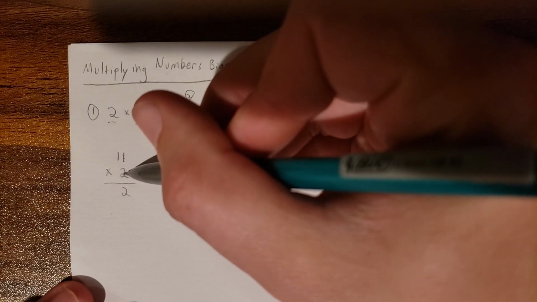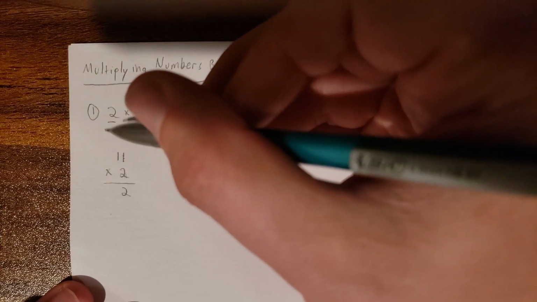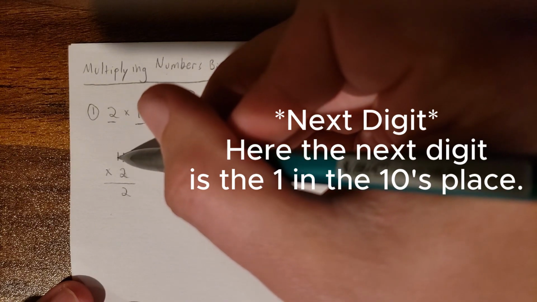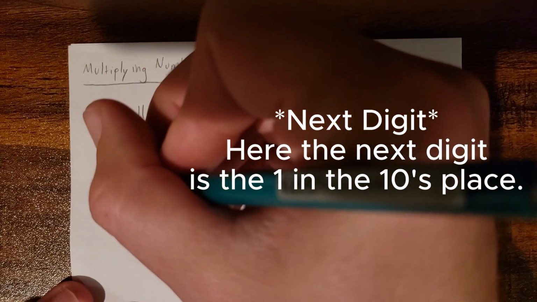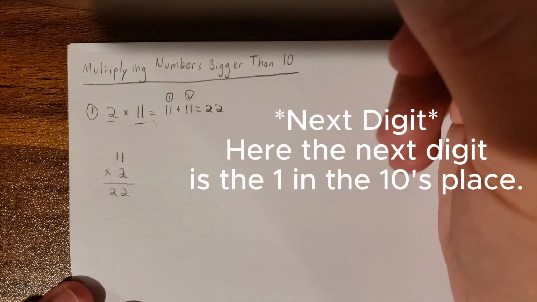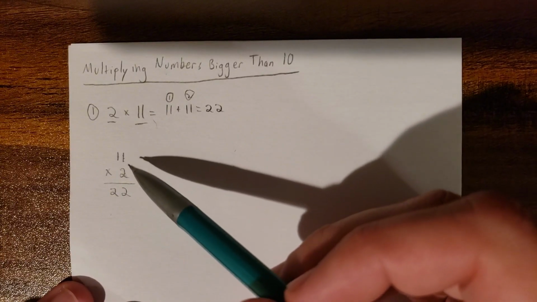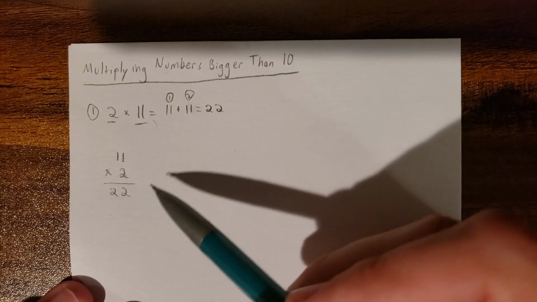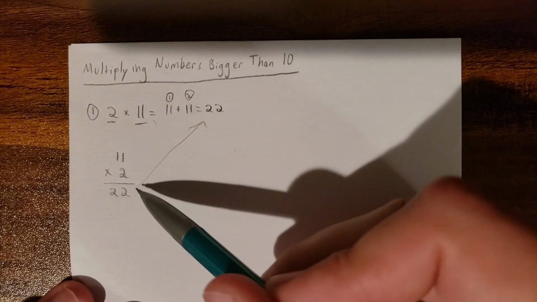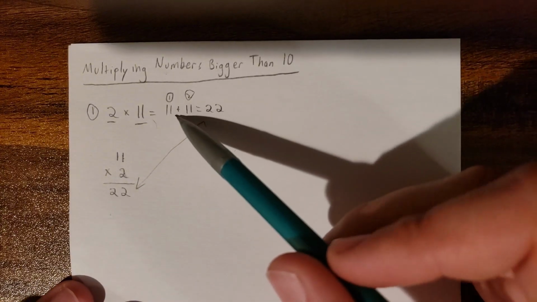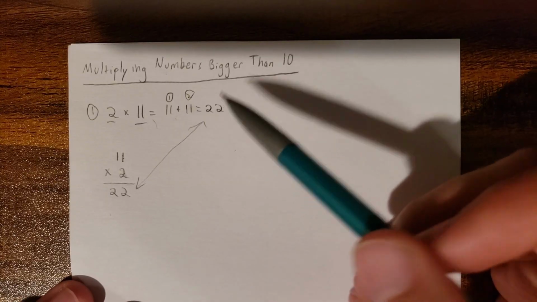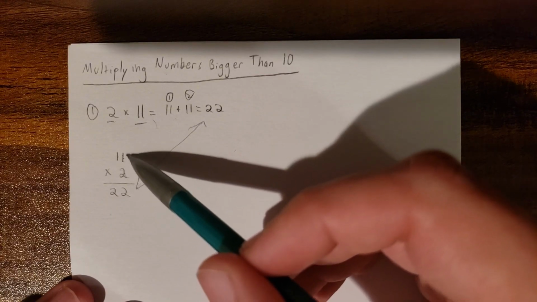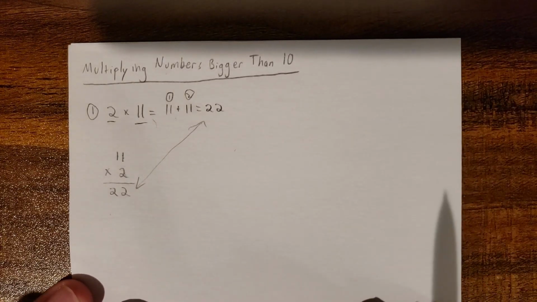And then we'll have 2, the bottom first digit, times the top first digit. So we'll have 2 times 1 again, and we'll move that right down here next to it. So you can see our 11 times 2 down here is 22. And that is the same as our 2 times 11, breaking it out with 11 plus 11 up here. So you can see that they're the same. This is just an easy version of this.